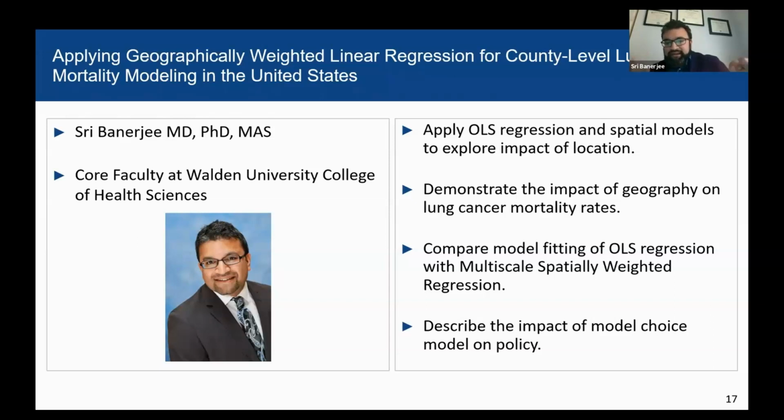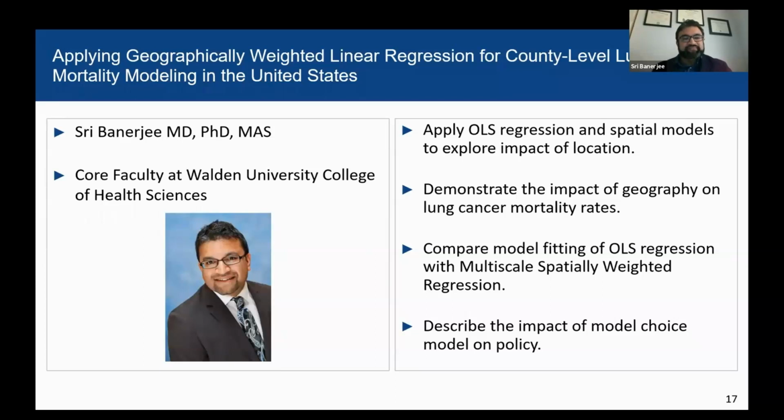The main dependent variable is aggregate lung cancer mortality rates at the county level through FIPS codes. Finally, I'll end with describing how model choice can have an impact in how policy is created.